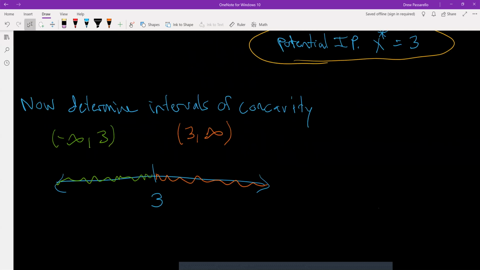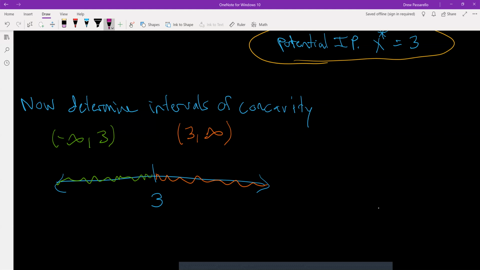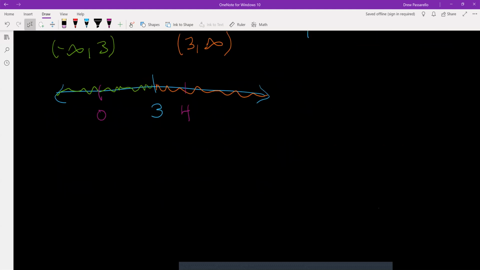So I pick a test value from each one. I'll pick 0 from the first one because 0 is an easy value to plug in, and for the second interval, I'll use 4. So my test values are 0 and 4. What I need to do is plug these into the second derivative and see if it's positive or negative.